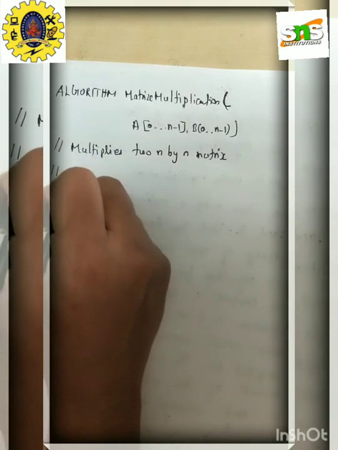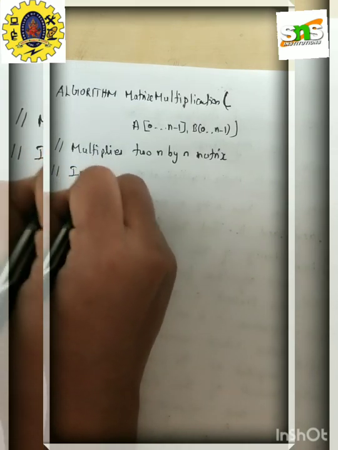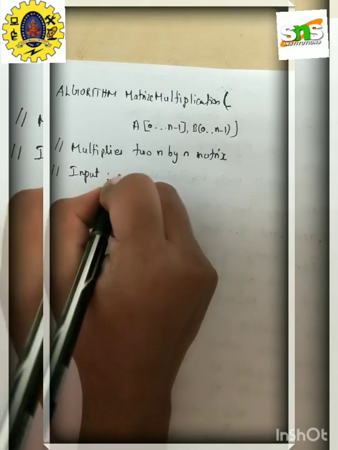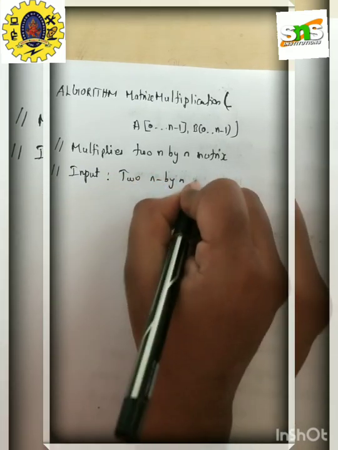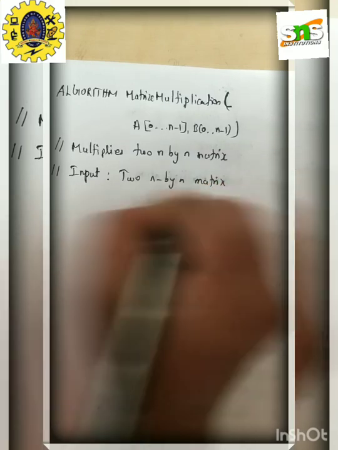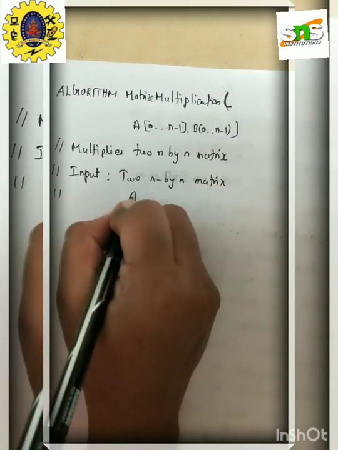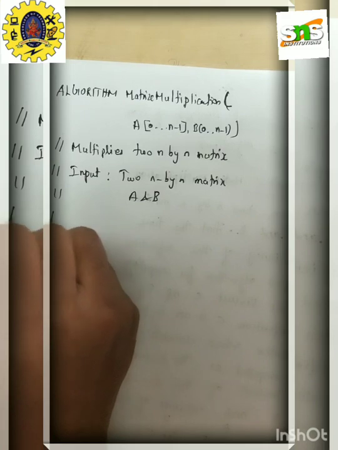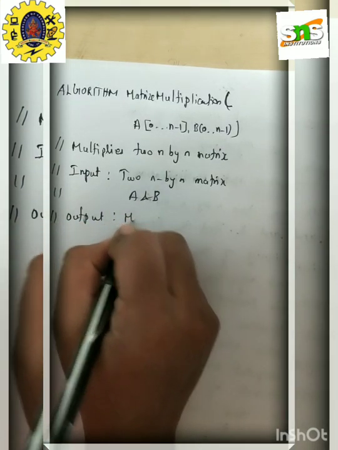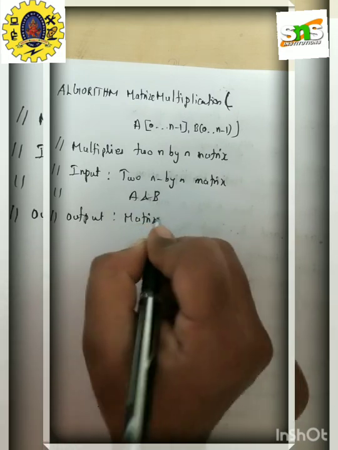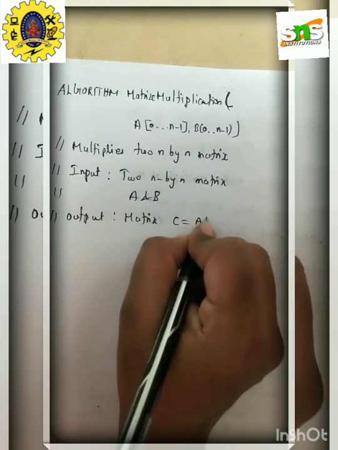Next, input. There is a description of the problem. Input is two n by n matrices A and B. Output is matrix C equal to AB.